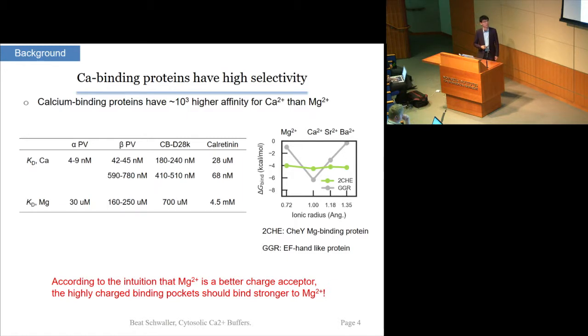This high selectivity for calcium is actually counterintuitive because magnesium is a better charge acceptor, so it should be expected to bind more tightly to the highly charged pocket in calcium binding proteins.